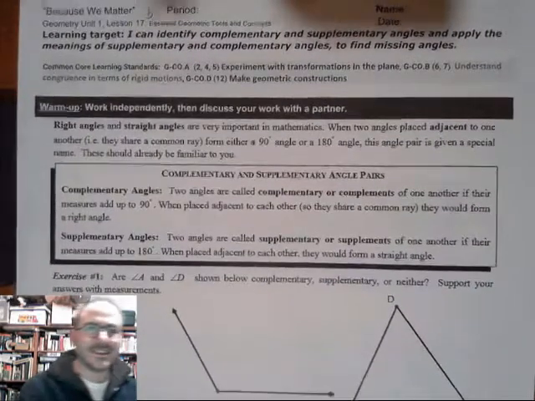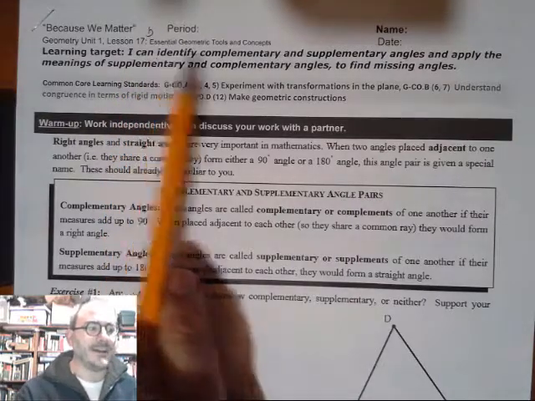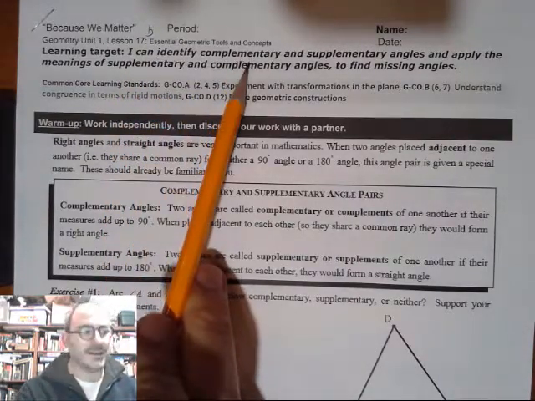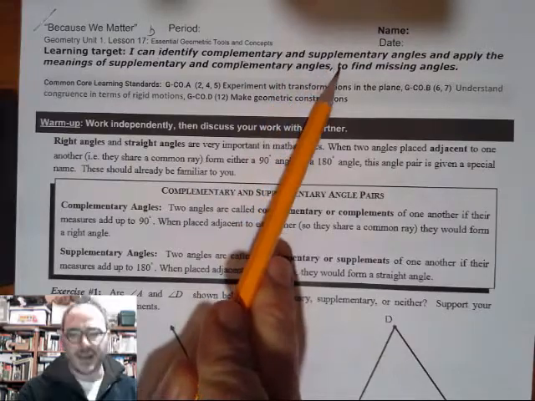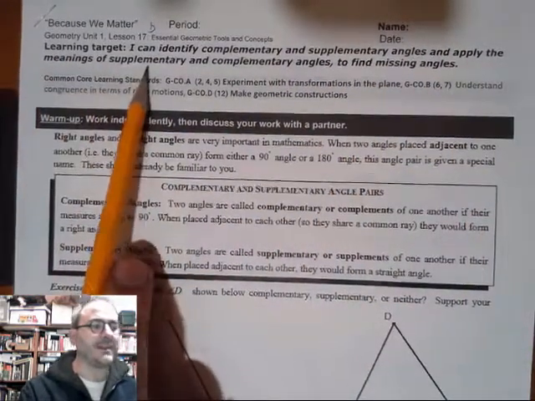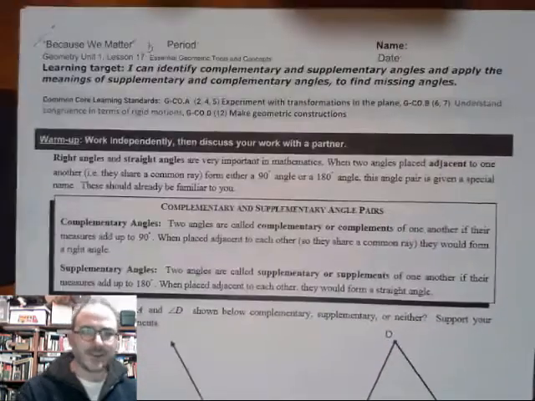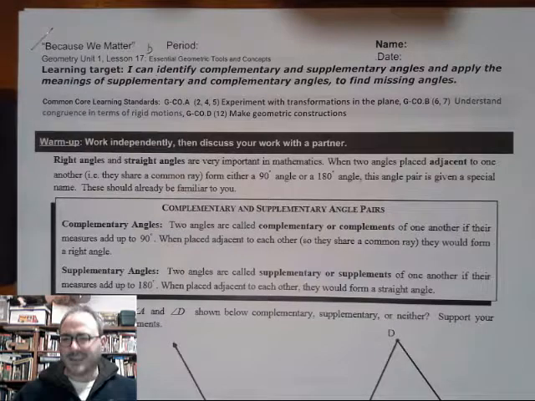Your learning target today. You should be able to say that you can identify complementary and supplementary angles and apply the meanings of supplementary and complementary angles to find missing angles. So again, we're carrying on with this idea that in geometry we sometimes have to find missing angles.